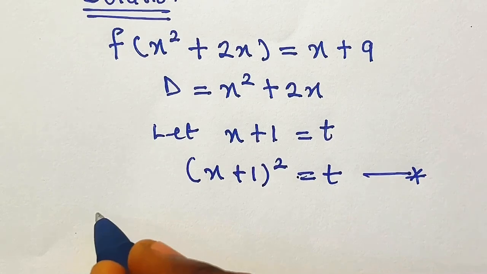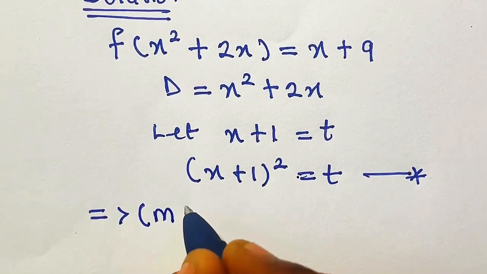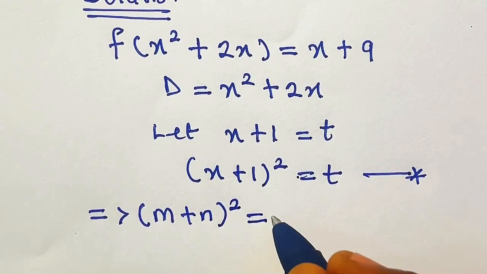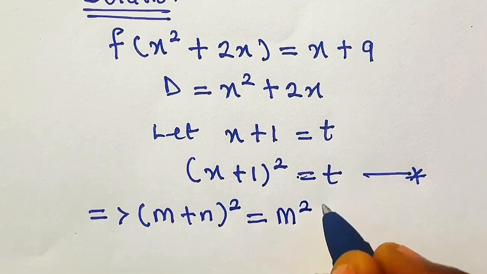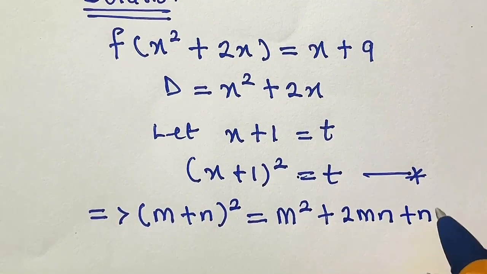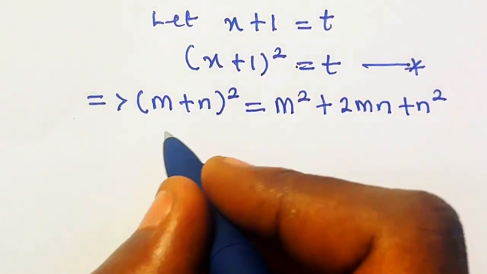Here we recall that if you have m plus n squared, this expansion will be m squared plus 2mn plus n squared. So let's compare that.